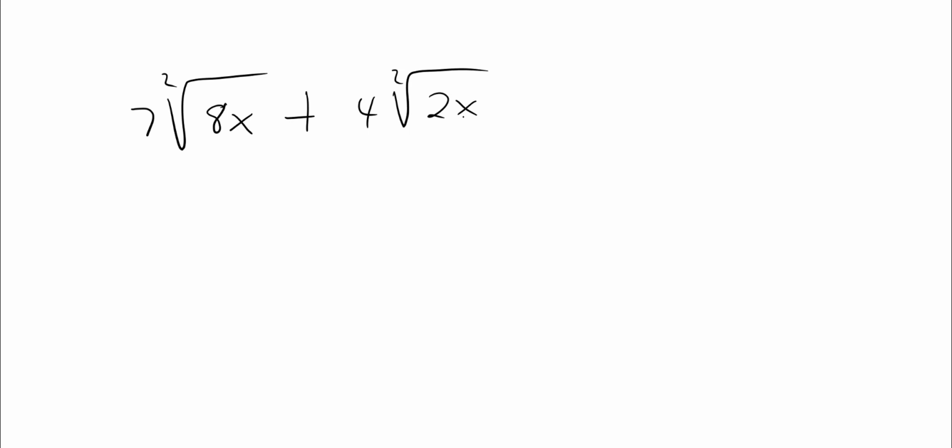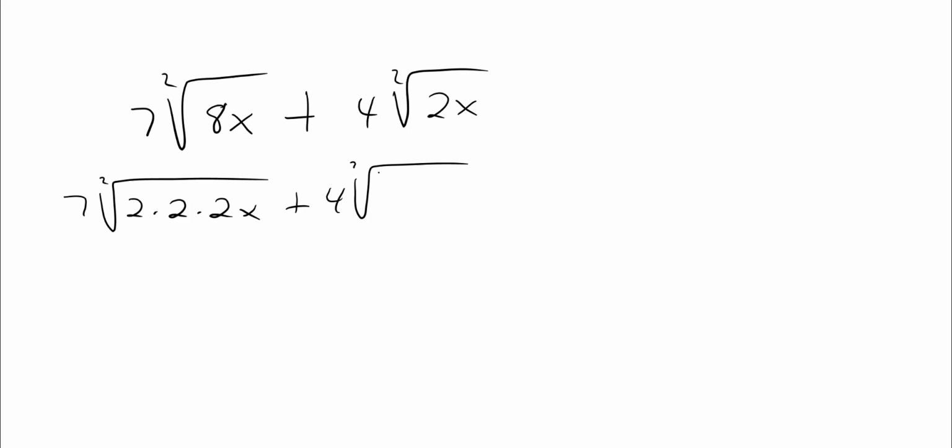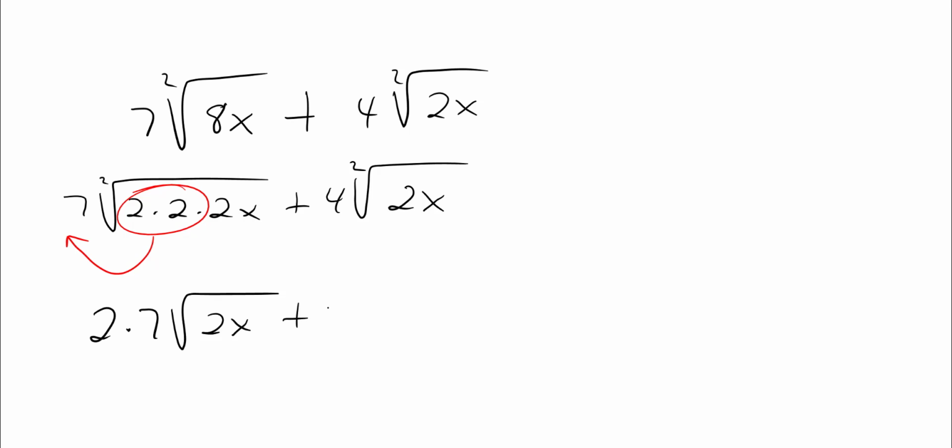Okay, so I'm going to simplify that 8. I got to pull that 8 out, right? So I'm going to write it out. 7 times the square root, 2 times 2 times 2x plus 4 times the square root of 2x. So I can pull that out, and that gives me 2 times 7, and you got 2x left over, plus 4 square root of 2x.